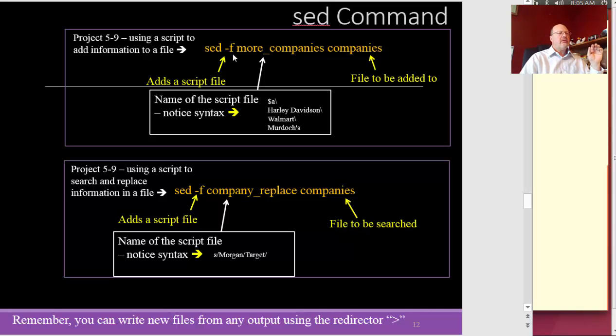So in this case, it's again a stream editor, and we want to add more companies to this file, companies. Now, more companies looks like this: Harley Davidson / Walmart / and Murdoch's. The slash needs to come at the end of the additional companies, not the last one in the list. The $A/ means add these.